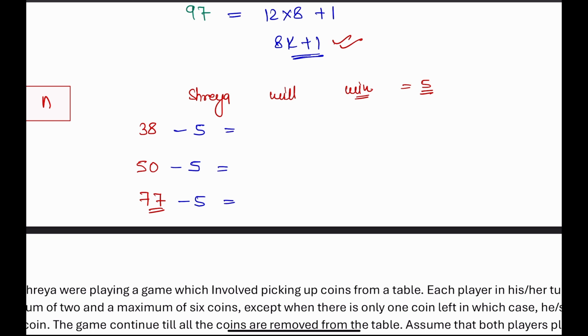We know that once Shreya picks up, no matter what Kushal does, he will surely lose. So here 33 are left, here 45, here 72.